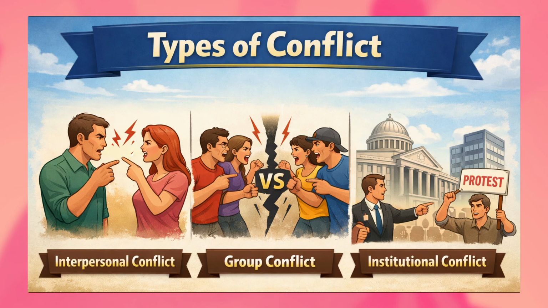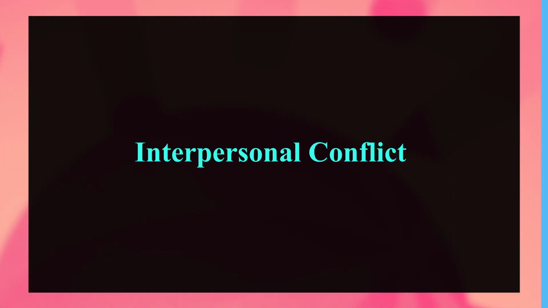Each category of conflict, such as interpersonal conflict, group conflict, and institutional conflict, has unique characteristics, causes, and outcomes that differentiate it from the others. Now, coming to the interpersonal conflict.